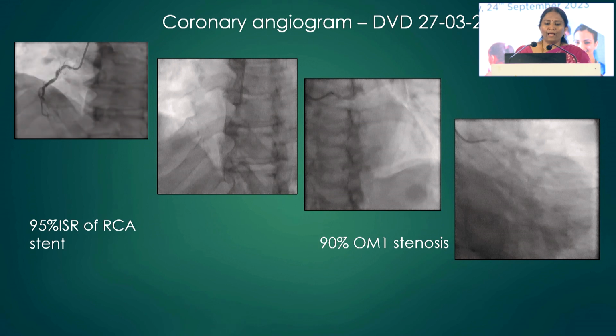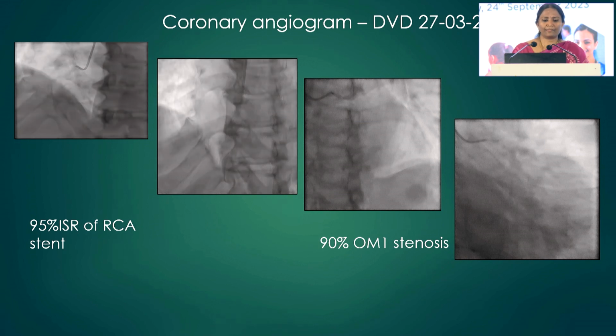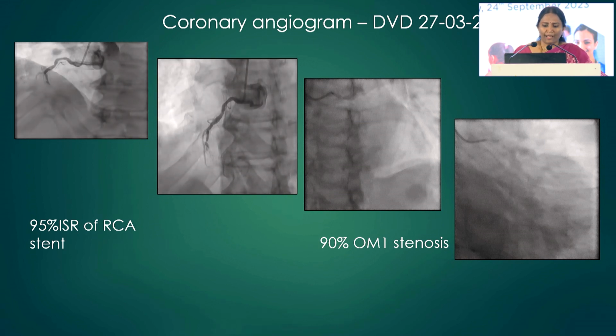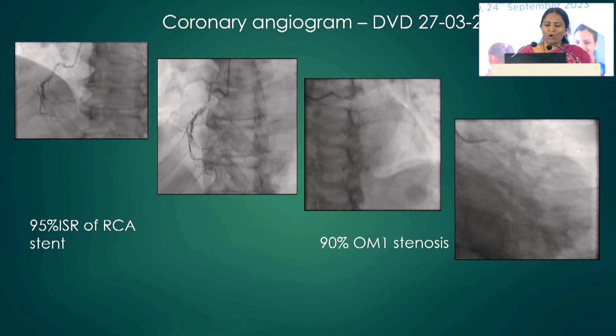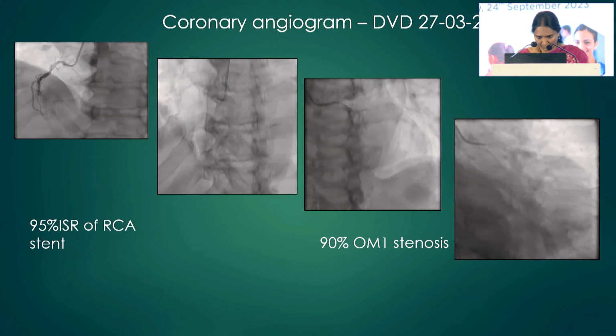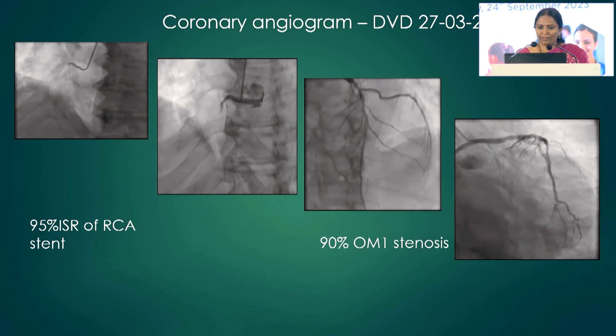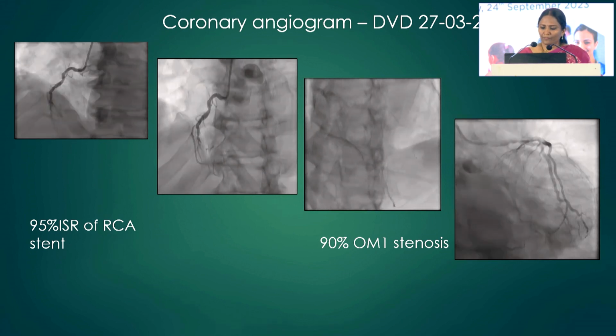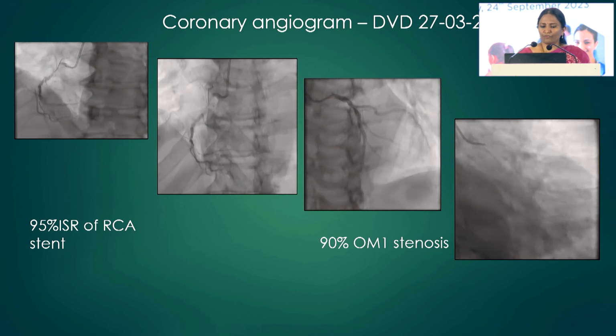It showed a 100% occlusion of the RCA, that is ISR, with a thrombus. And also the left side system had 90% stenosis of the OM.